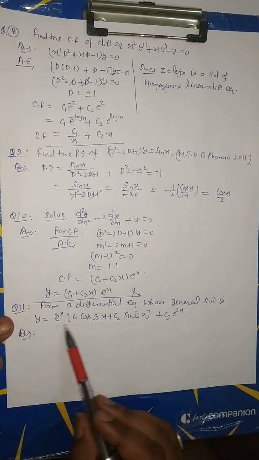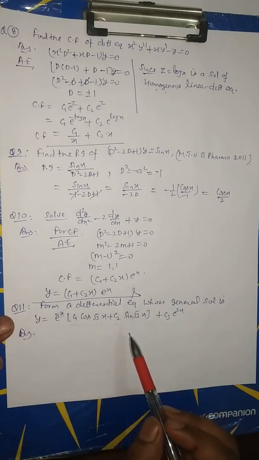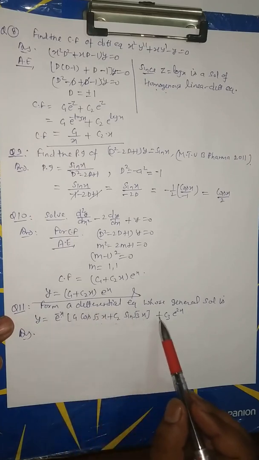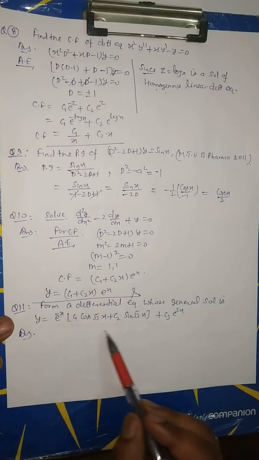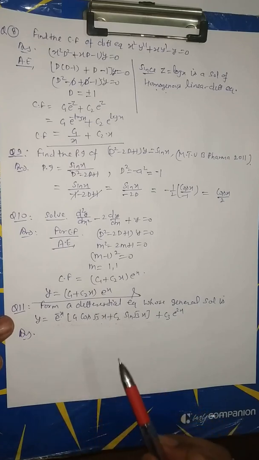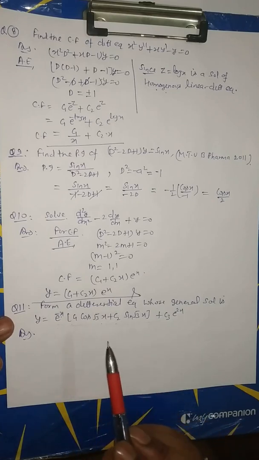This is due to the complex roots of the equation, whose values are minus 1 plus minus i root 3.